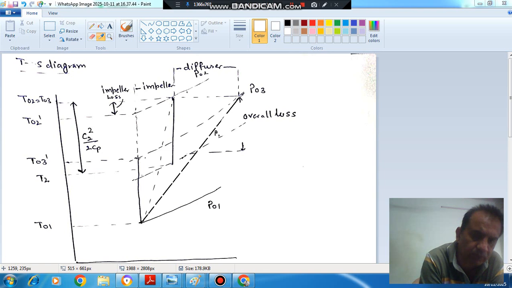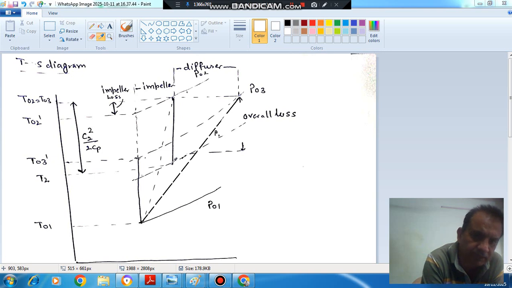But actually, at the exit of the impeller there is some velocity of air. So a static condition exists at the exit of the impeller. As these are stagnation conditions, if we subtract the dynamic temperature from the total temperature, then we will get the actual condition at the exit of the impeller.